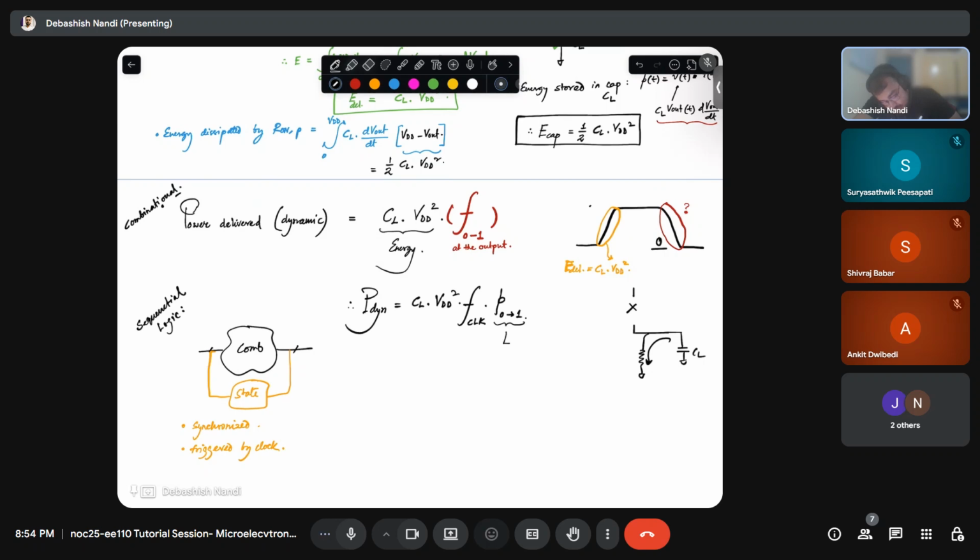This is the probability of 0 to 1 transition. F clock is the clock frequency, and other things remain the same. Fine. This is the case for your sequential circuits.